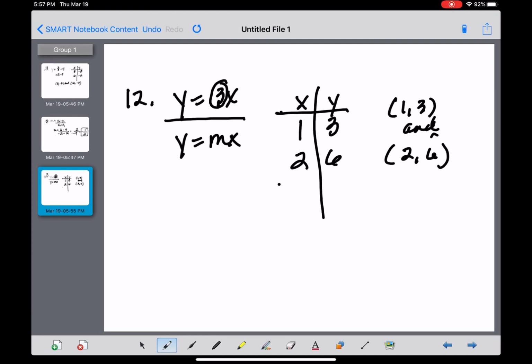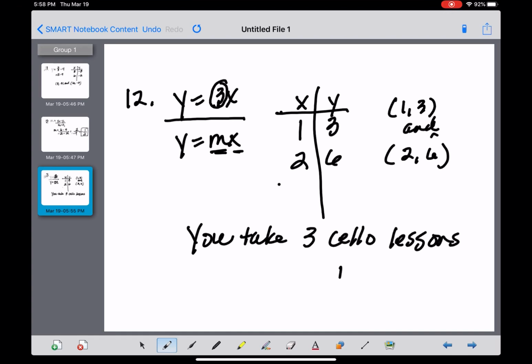So y is the total number of lessons that you take. The slope means you take 3 per week, and x is the number of weeks. So on your answer, you would type in, when you interpret the slope, it means you take 3 cello lessons per week.